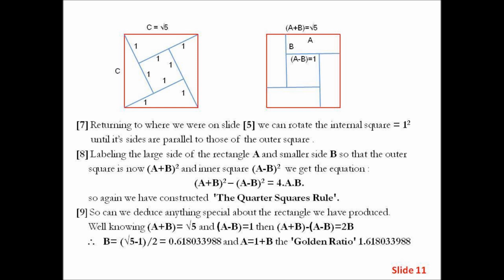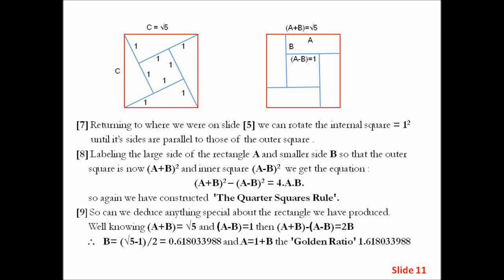So can we deduce anything special about the rectangle we have produced? Well, knowing a+b equals root 5 and a−b equals 1, then (a+b) − (a−b) equals 2b.